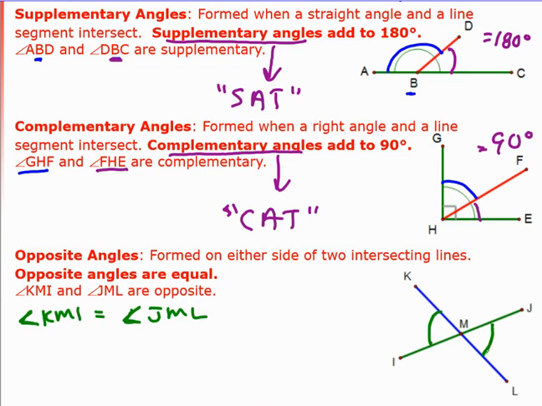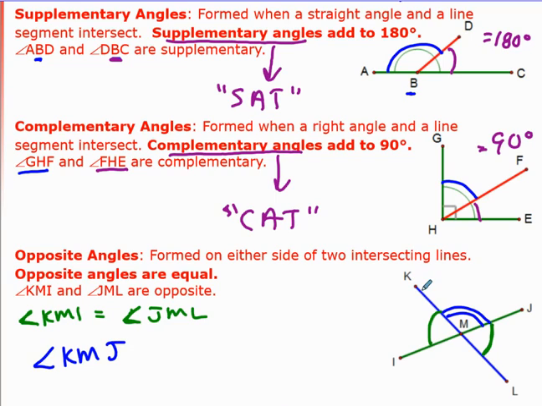These are indicated by color. Sometimes we can do them by bands, using a single band and a double band to indicate. So let's add another one here: angle KMJ.